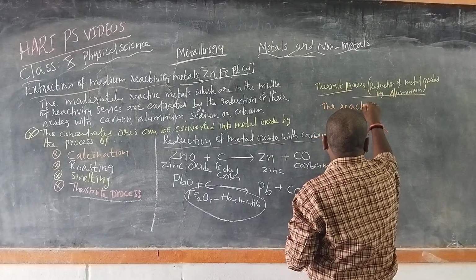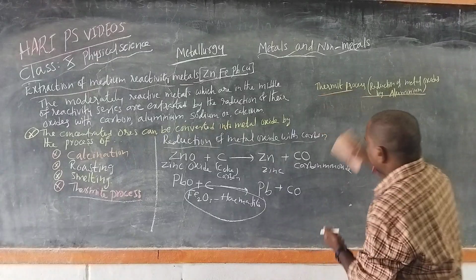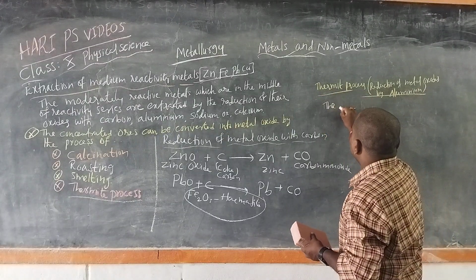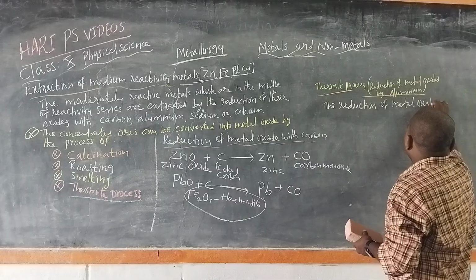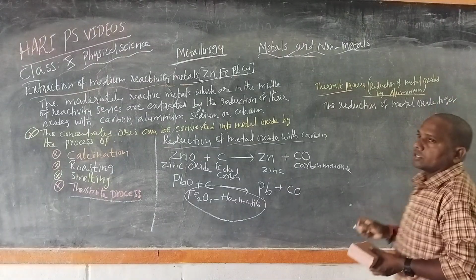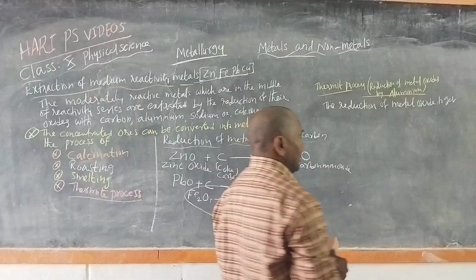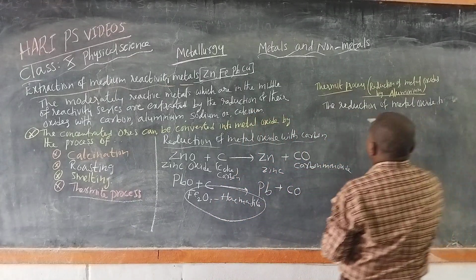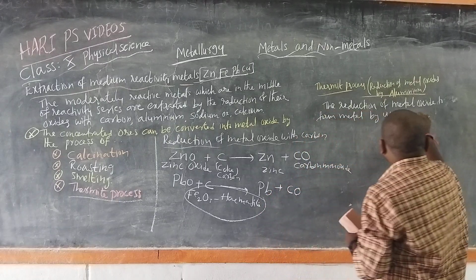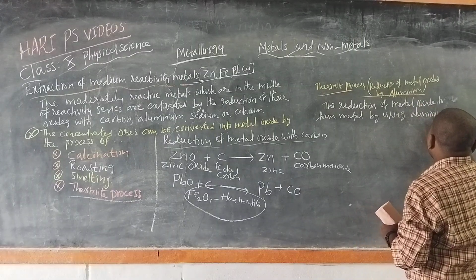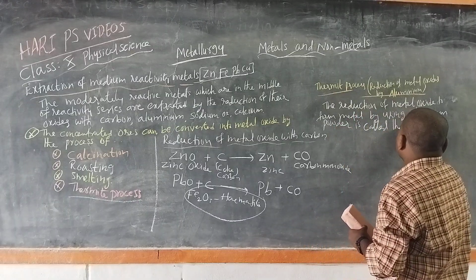The reduction of metal oxide to get metal by using aluminum is called the thermite process.